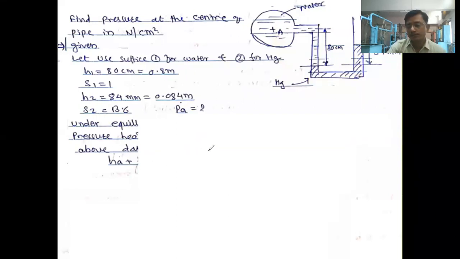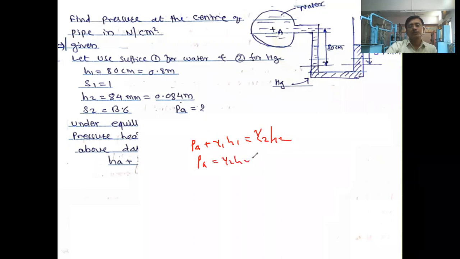What is that alternate method? Directly considering the pressure intensities. Pressure intensity in the left limb above the datum, that is PA plus gamma 1 H1, must be equal to the pressure intensity in the right limb above the datum, gamma 2 H2. So PA is equal to gamma 2 H2 minus gamma 1 H1, right?